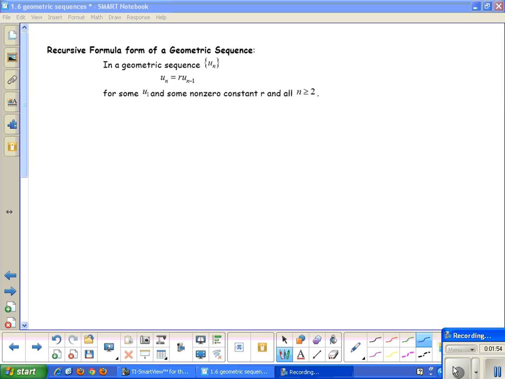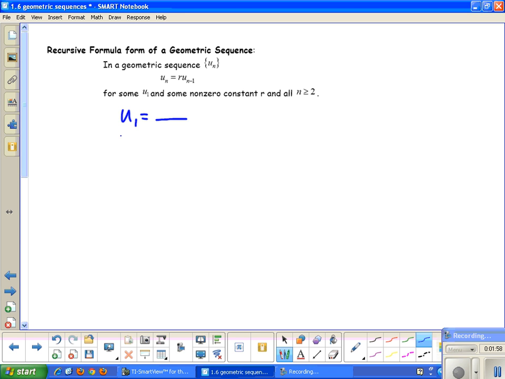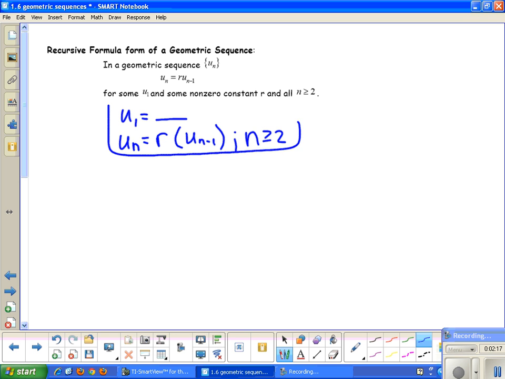First, you have to state what the first term is, and then a formula for finding the nth term. Now, if it's a geometric sequence, we're multiplying our common ratio r times the previous term, where if we're starting off with an n value of 1, then the formula would work for n values greater than or equal to 2. So this would be my recursive formula.